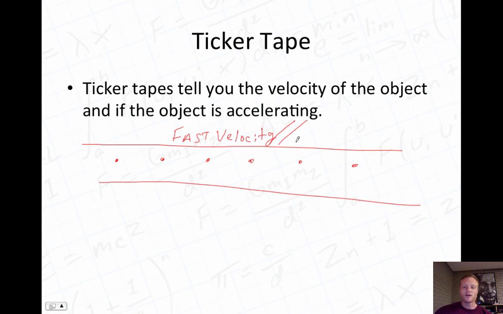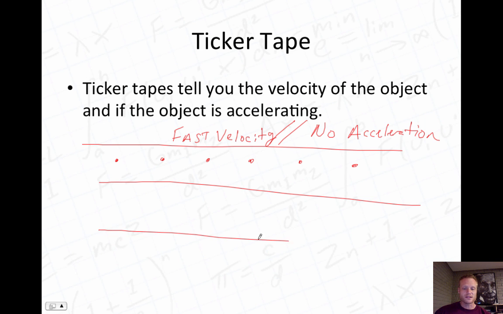Now remember, an acceleration means a change in velocity. An acceleration means a change in velocity. So do you feel like the velocity is changing at all when you look at these dots? And I would say no. I mean, I didn't measure these perfectly, but these dots are about equal distance from one another. So there is no acceleration present. Okay, and so basically the velocity is staying constant. Okay, it's moving at the same speed.